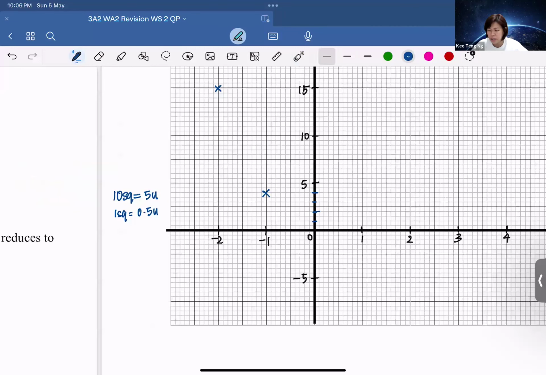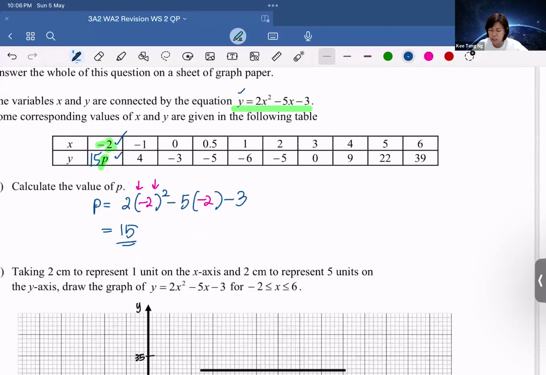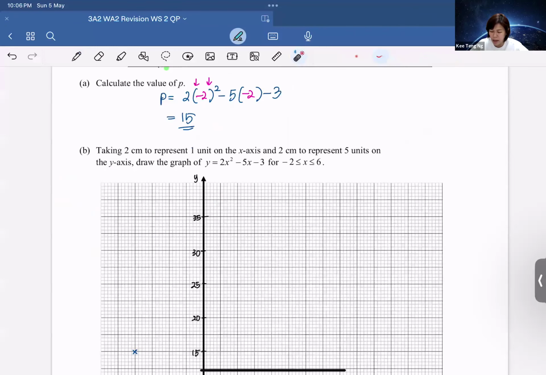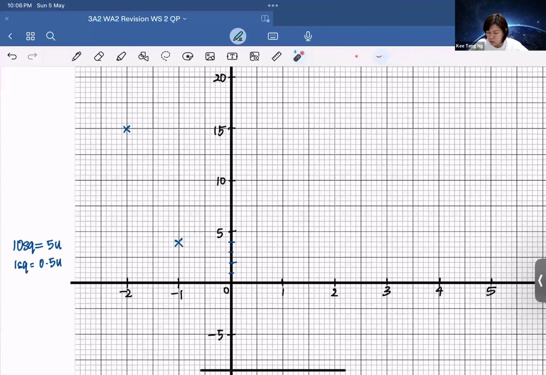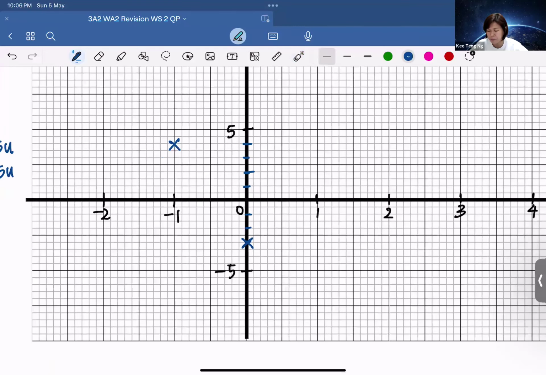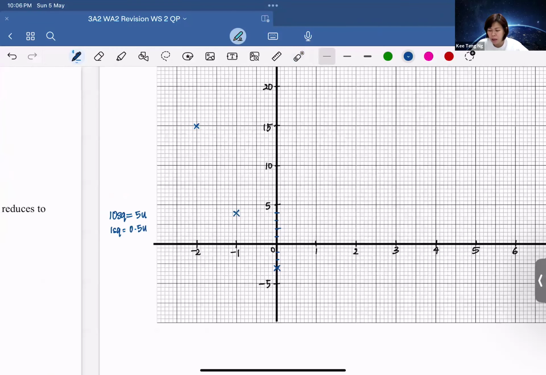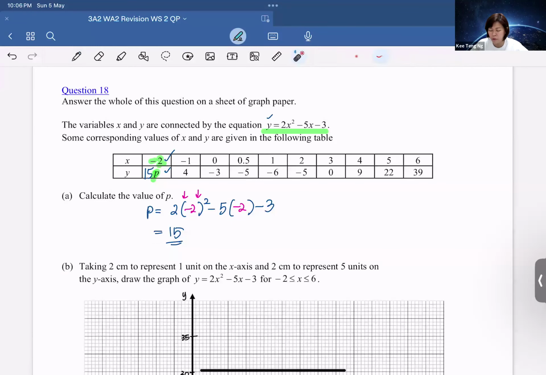Next one, 0, -3. When x is 0, y is -3. 0, -1, -2, -3, which is here. Next one, not 1 but 0.5, is at -5.